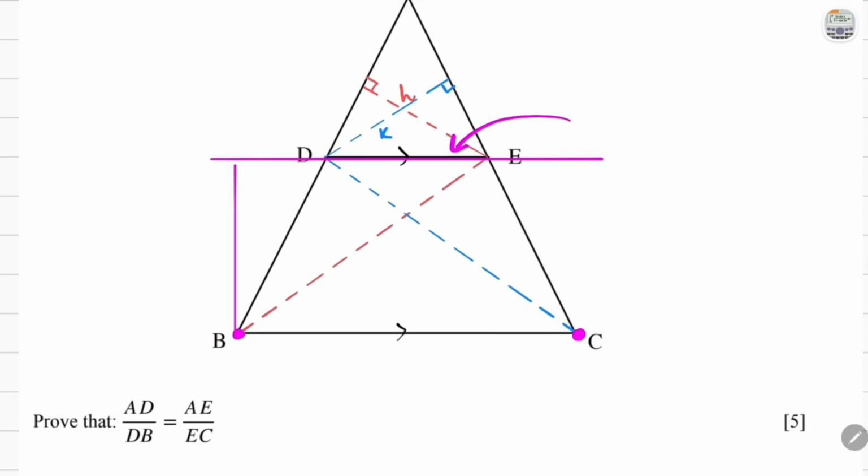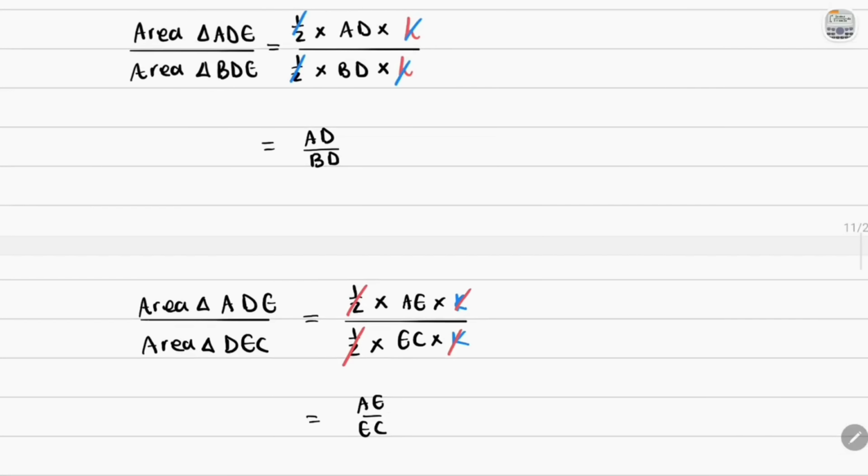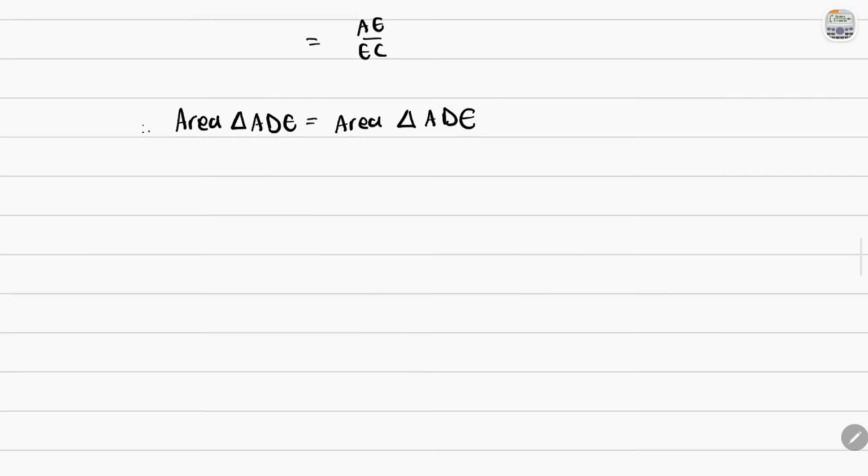Now, do you see how this is exactly the same? If you also have to measure from here to this base, the extension of the base, do you see how these heights are exactly the same? And the reason they are the same is because they lie between parallel lines, okay? So their heights are exactly the same. And so that's what we can state here. So we can state that the area of triangle BDE and the area of triangle DEC are equal.